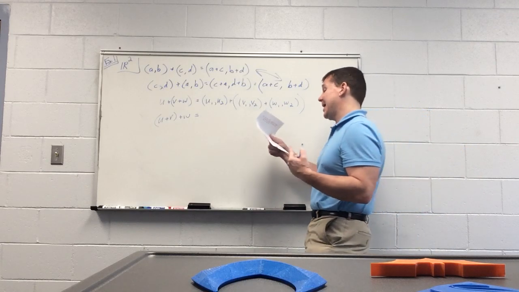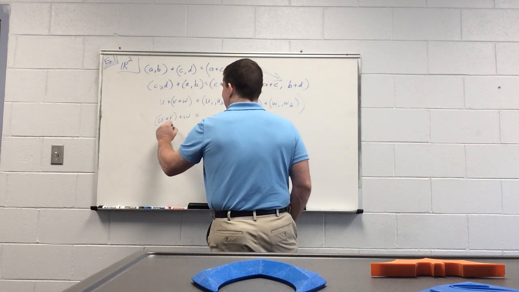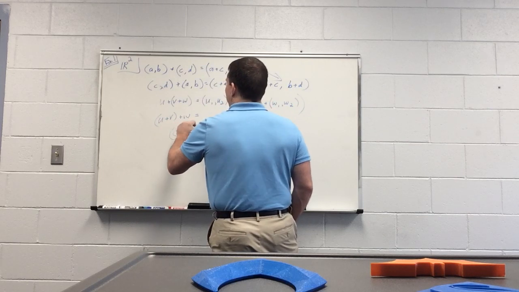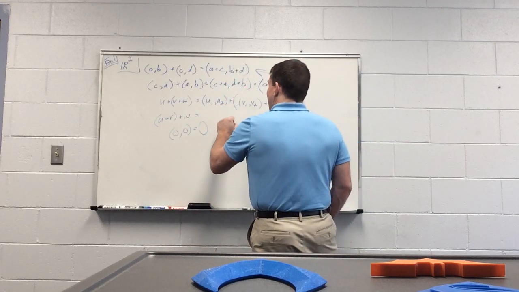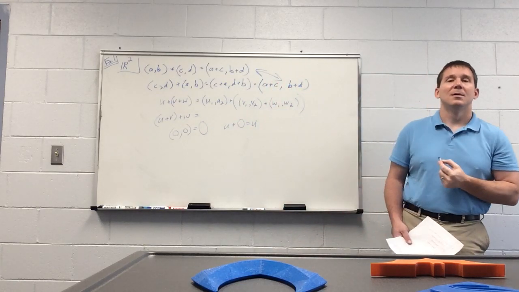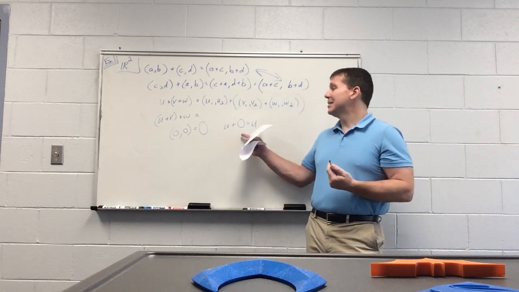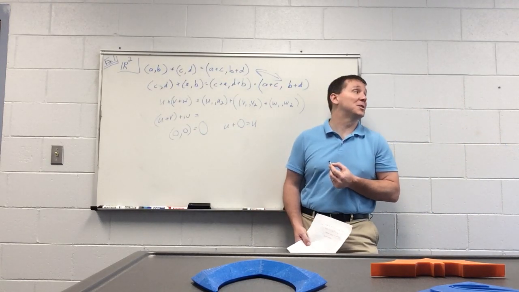Is there a zero vector? Well, yeah, the vector (0, 0). And then certainly, u plus 0 is going to equal u. So I have an identity, 0. It just is not the number 0, it's the vector (0, 0).